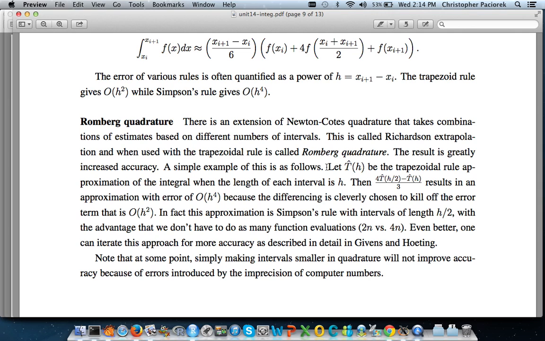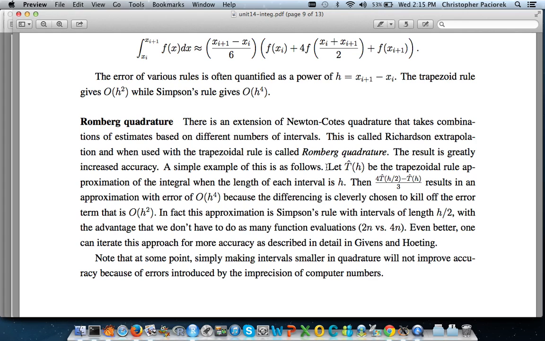I'll end up with the usual picture with the piecewise trapezoids, and I'd end up doing n evaluations. But I could also take h and make it h over 2, and use the trapezoidal rule using h over 2. In that case, I would have to do 2n calculations, because I'd have to do the calculation at each of these points. So the x's come in if I'm doing it at h over 2.